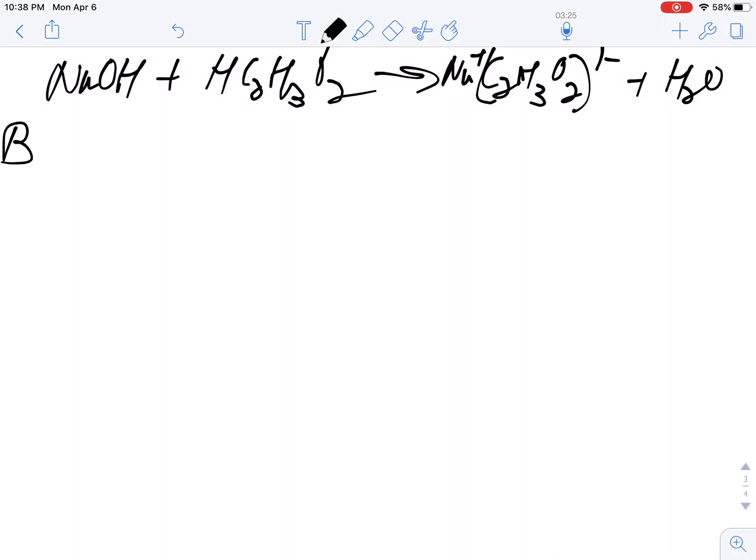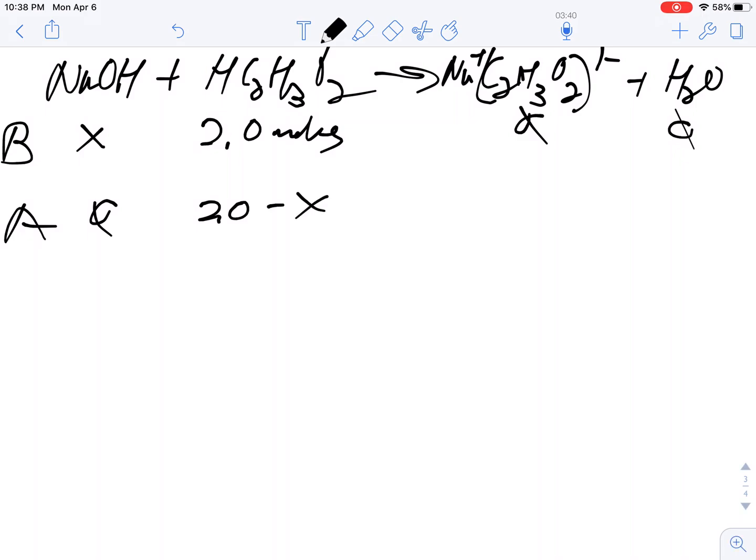So beforehand, I don't know how many moles of this I'm supposed to add. I know I've got 2 moles of this, no moles of this. Afterwards, all my base will have reacted. I will have lost some moles of that, and I'll have gained some moles of that. Okay?